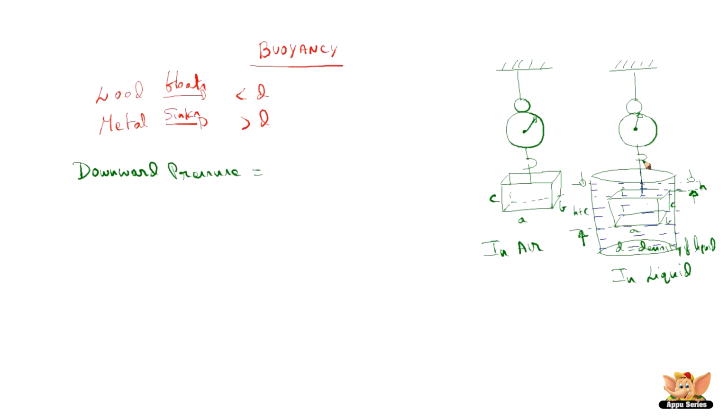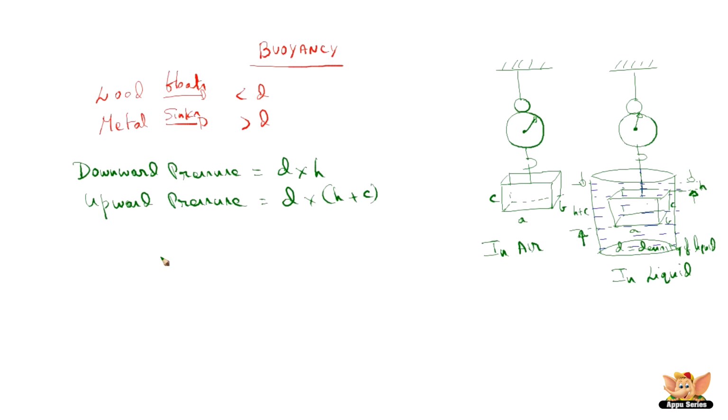So, the downward pressure acting is from the top of the liquid to the top surface of the box, which is H. So, it becomes D into H. In the same manner, what is the upward pressure? The upward pressure is on the entire height, because it is acting from the bottom of the box up to the top level of the liquid. So, this becomes density into H plus C.